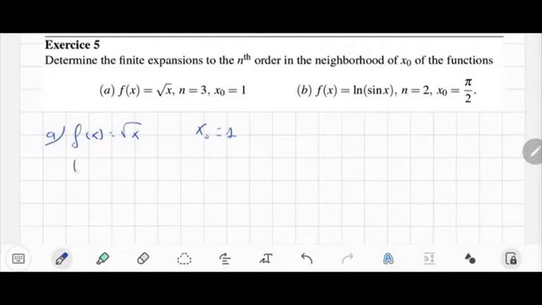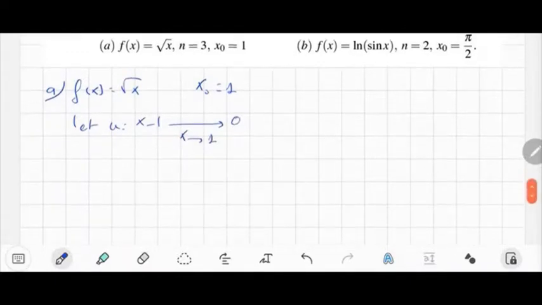So we let u be equal to x minus 1. So if u is equal to x minus 1, this goes to 0 as x tends to 1. So we transform our neighborhood from 1 to 0. Then f of x will be equal to square root of 1 plus u, which is x.